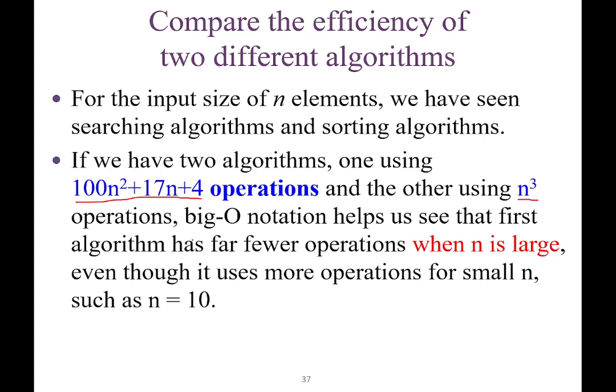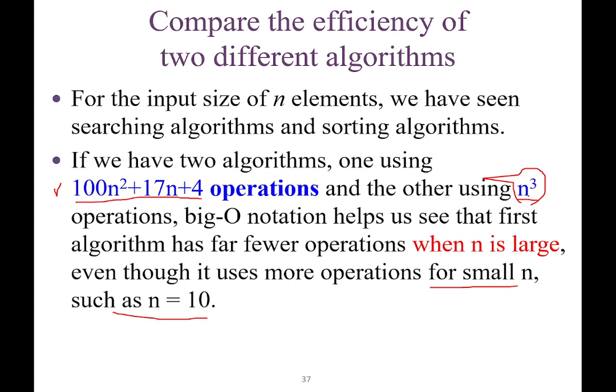So when n is large, for example, when n is 10,000, you can see n cubed is way larger than the first operation, 100n squared plus 17n plus 4. In this case, we can also see when n is small, such as n is 10, then this algorithm's number is larger than n cubed.